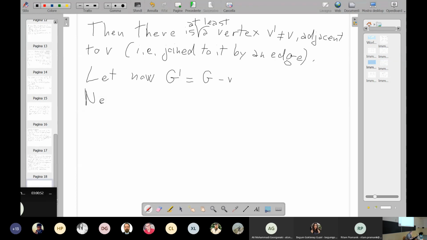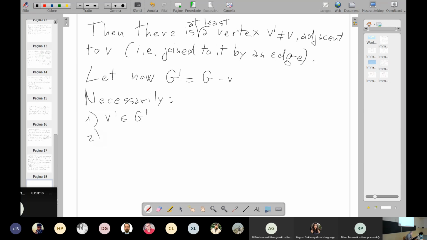Necessarily, we can say two things. One, V prime belongs to G prime, okay? We take away the edge, but we don't take away the vertices adjacent to V. We just take away the edges, but we leave the other ends.